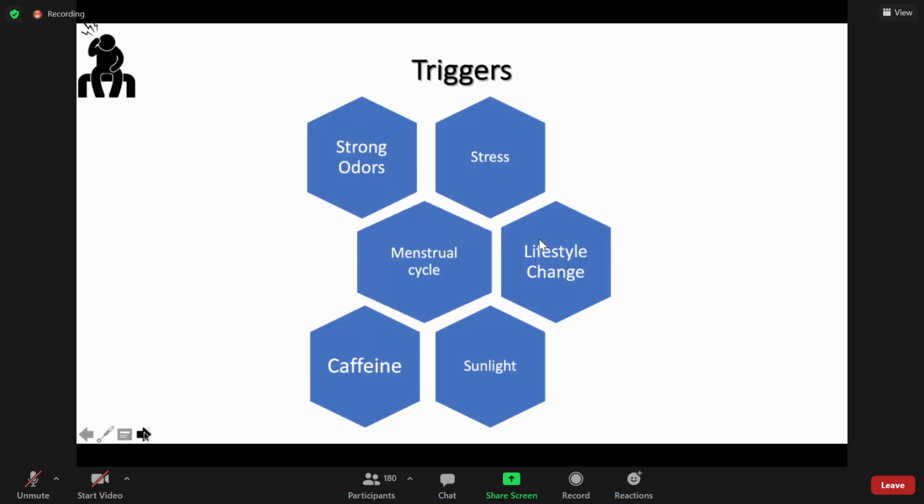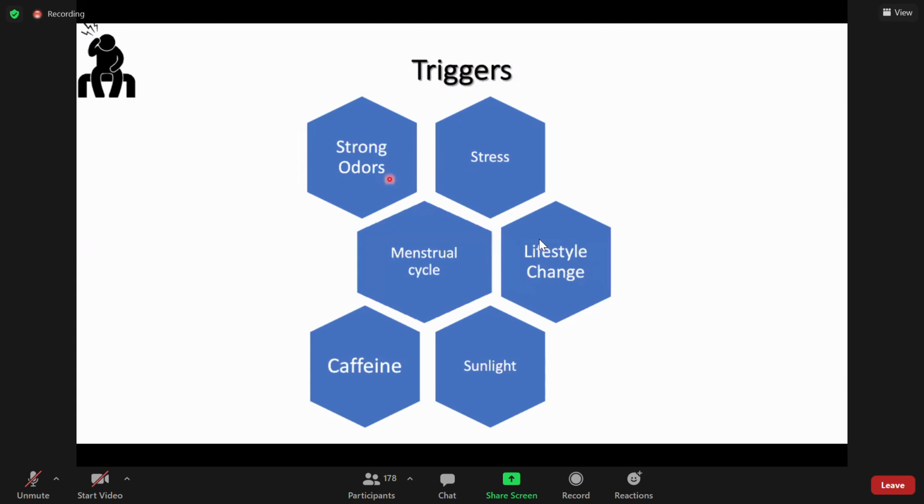Migraine can be triggered by several stimuli which do not cause headache in a person who is not susceptible to migraine. People may complain that if they smell a strong odor, a cologne, or any other perfume, they may have a headache.